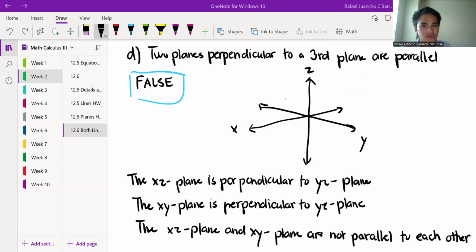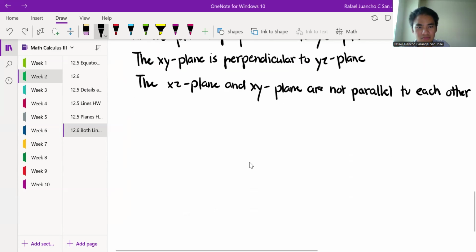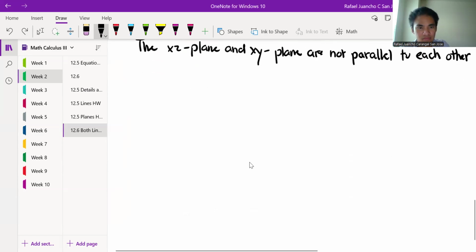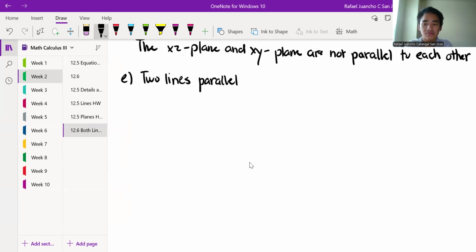Okay, now we have two lines parallel to a plane are parallel. So here we're given two lines parallel to a plane are parallel. Is that true or false?